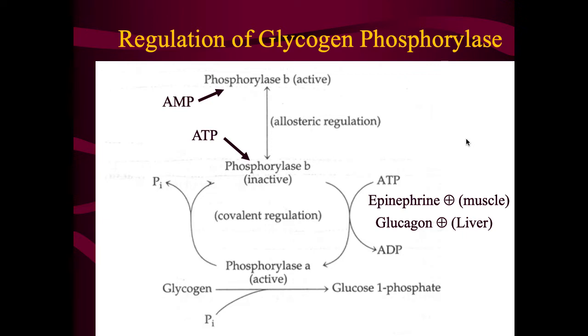Glycogen phosphorylase kinase activity is regulated by epinephrine and glucagon. So let's take a step back and go, well, where's epinephrine? When is it elevated? Stress, including physical activity.